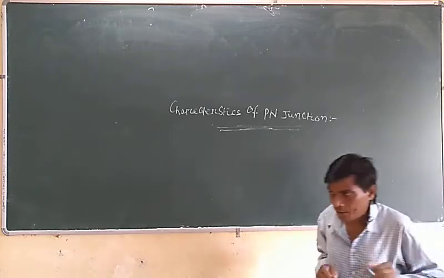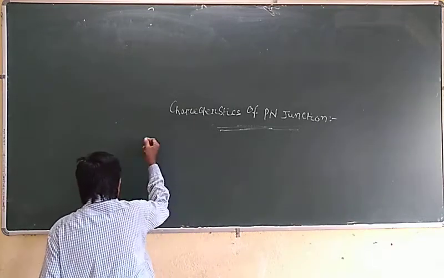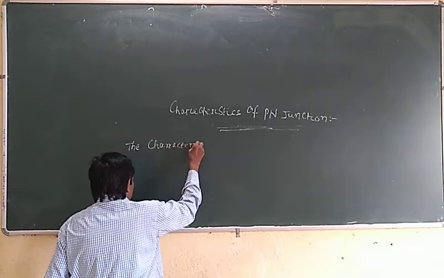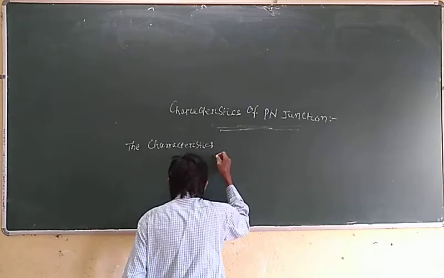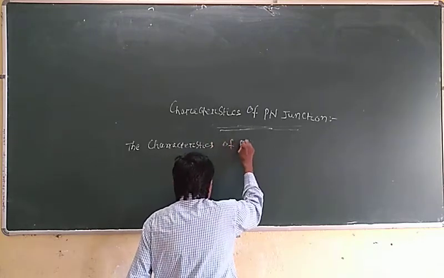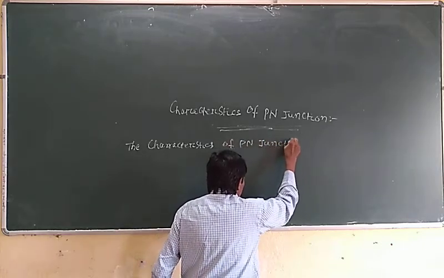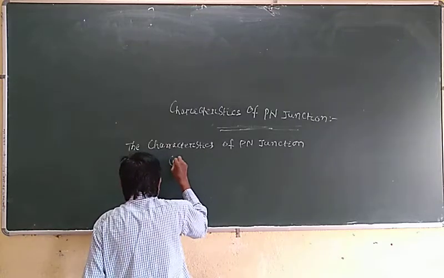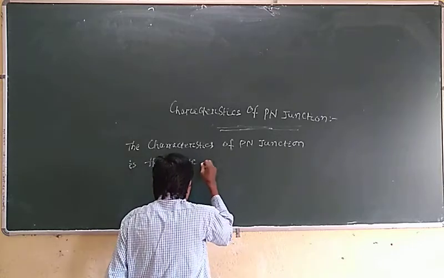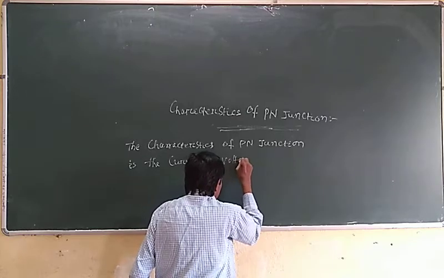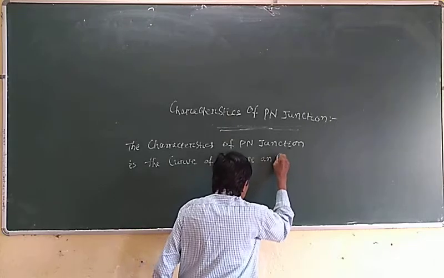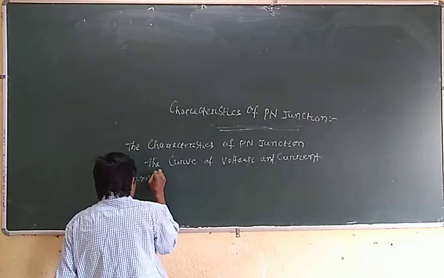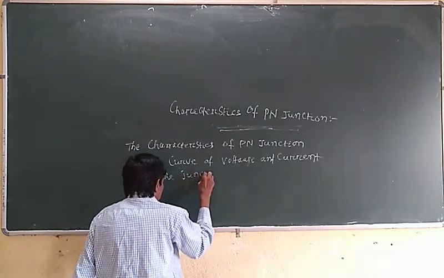Now we write down this statement: characteristics of PN junction is the curve of voltage and current across the junction.